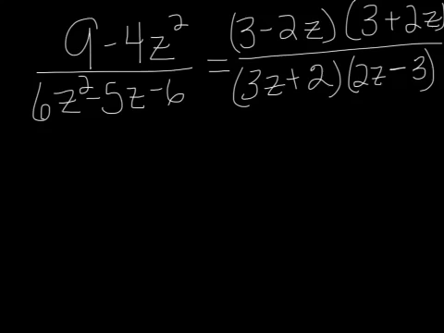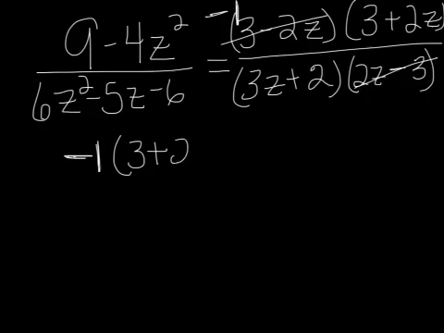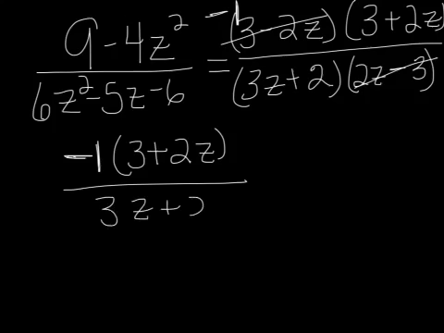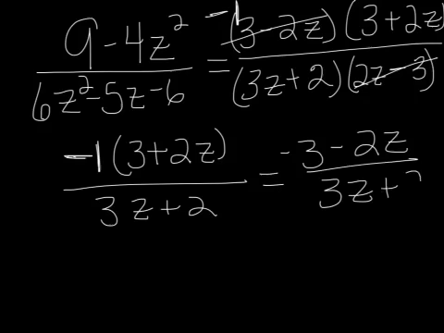Here's a positive 3, here's a negative 3. Here's a negative 2z, a positive 2z. So I can cancel those out, but don't forget I have to leave a negative 1. So I can put a negative 1 times 3 plus 2z over 3z plus 2. Or I could write it as a negative 3 minus 2z over 3z plus 2.